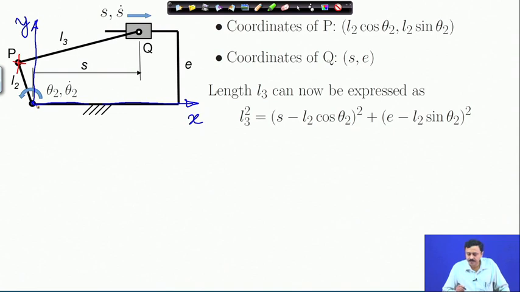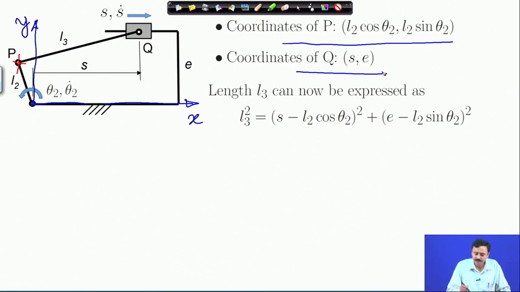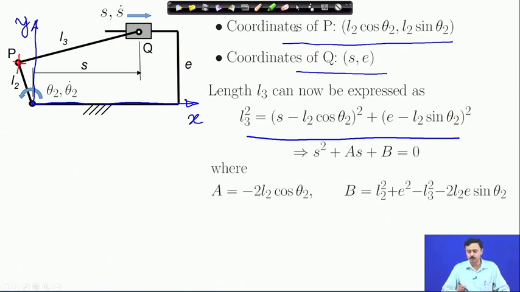In this coordinate system I am expressing the coordinates of point P and coordinates of point Q. Using these coordinates I have expressed the length of link 3, which we have done before. We have done all these simplifications and we have seen that this leads us to this kind of an expression relating s and theta 2.